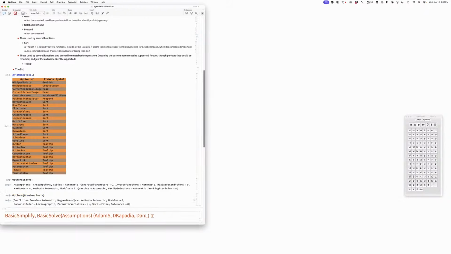That's bonkers. What is the correct name for it? Allow reordering. We could call it allow reordering, or allow variable reordering if we want to be a bit more specific.